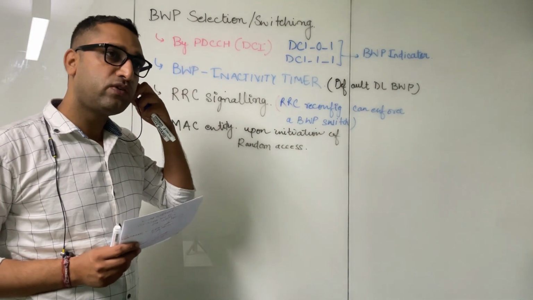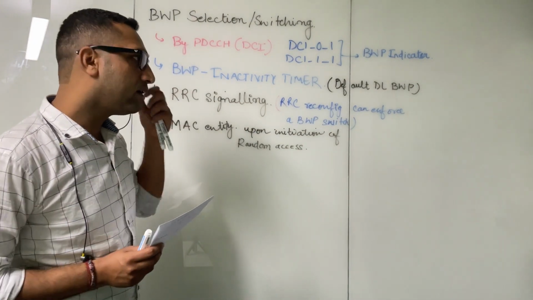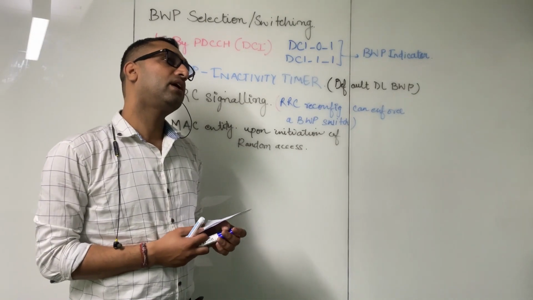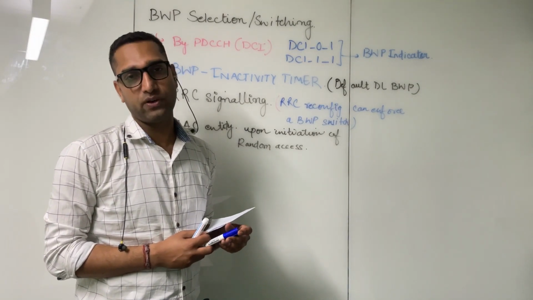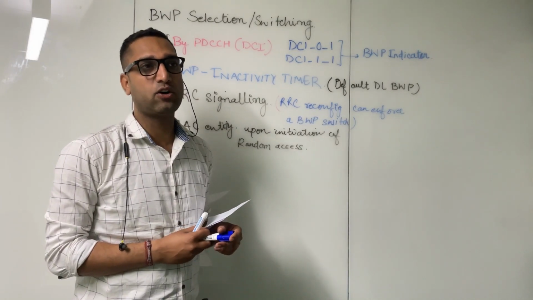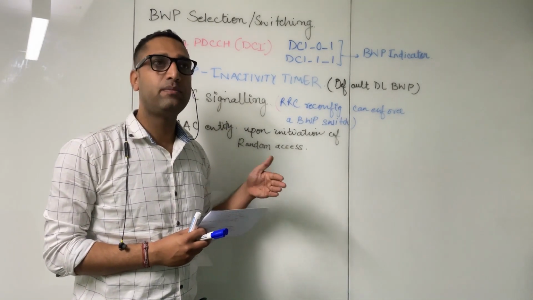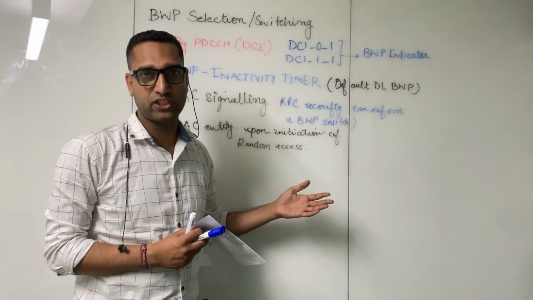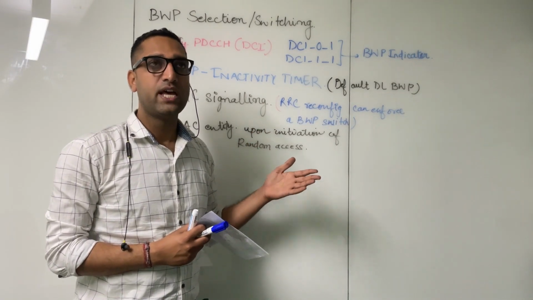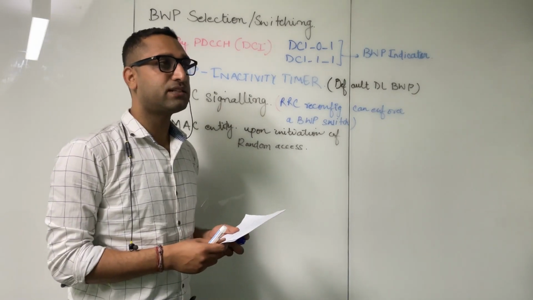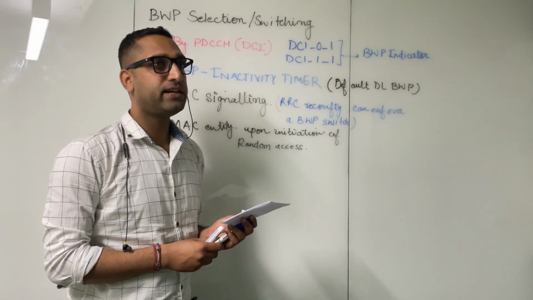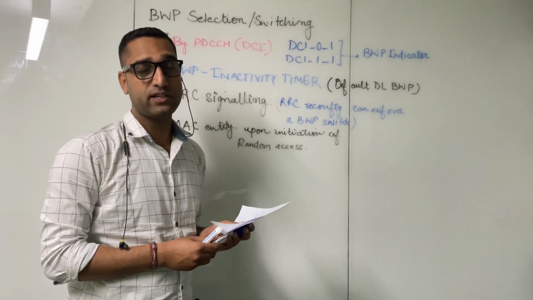So let's suppose UE was in some active BWP, but UE does not have any PRACH configuration in that BWP. Maybe that BWP does not house any PRACH channel, the UL BWP. In such a case, suppose RLF happens or UL sync loss happens and RRC re-establishment procedure is triggered.